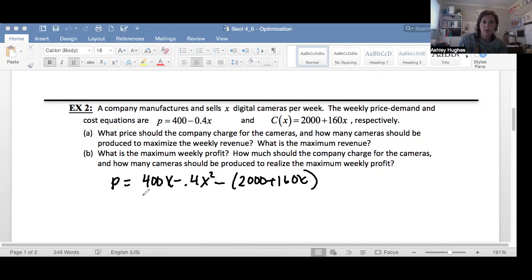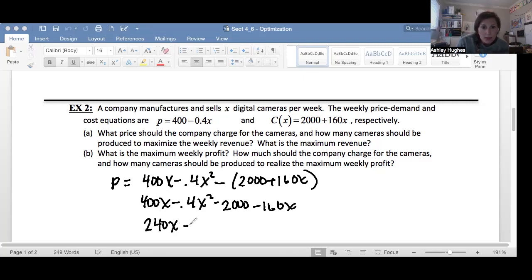This is your profit function. So 400x minus 0.4x squared minus 2000 minus 160x. So that would be 240x minus 0.4x squared minus 2000. That is your profit.